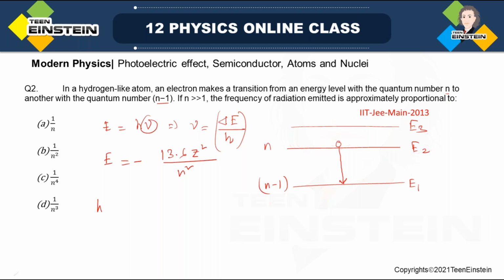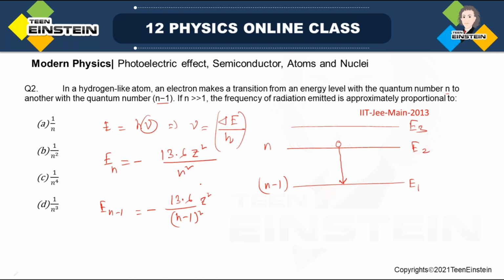So to get this difference in energy, we need to know the energy of each level. Suppose this is the energy for En, and this is the energy for n minus 1, 13.6 into (n minus 1) whole square.